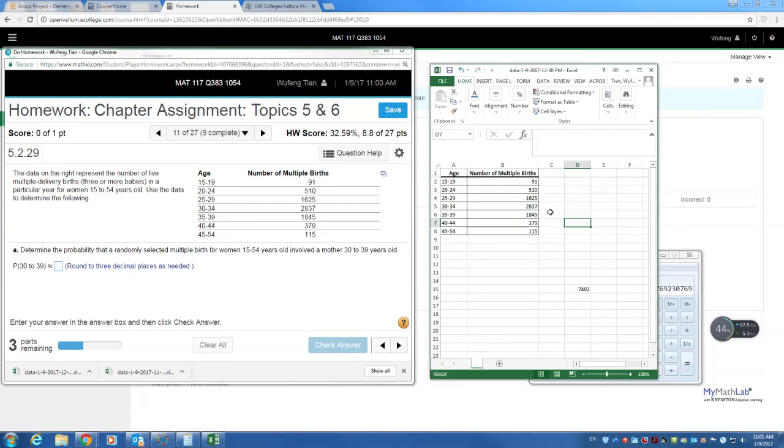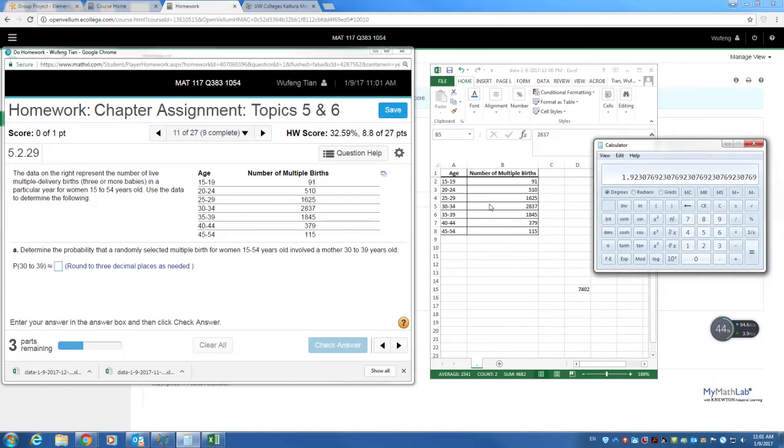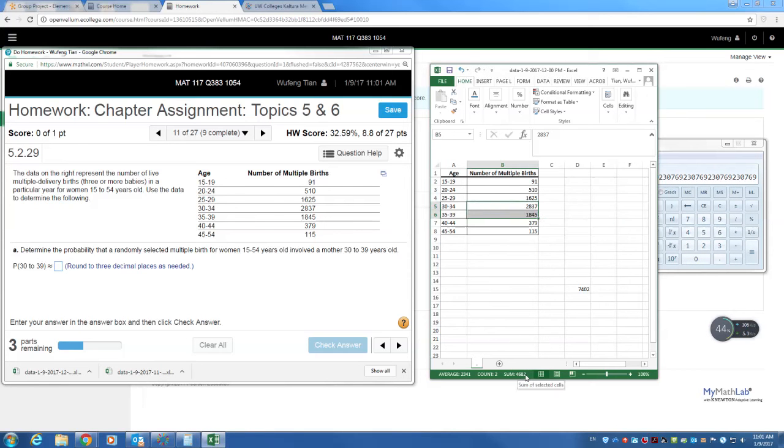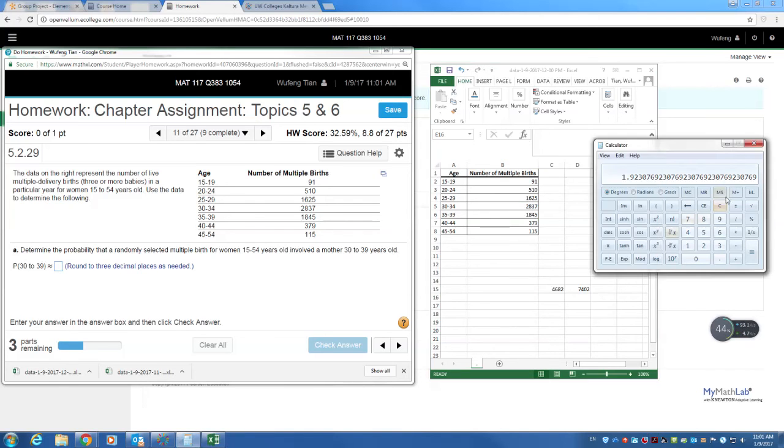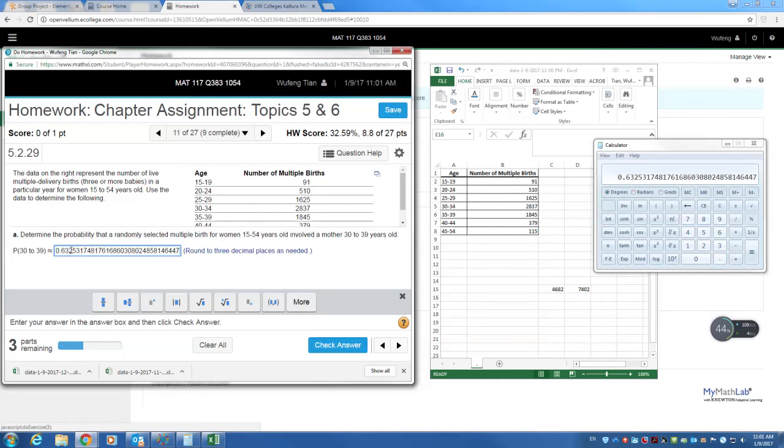Now for 30 to 39, these two numbers give you 4682. Just add these two. You can select these two and see the sum. Then 4682 divided by the total, 7402, equals 0.633, three decimals.